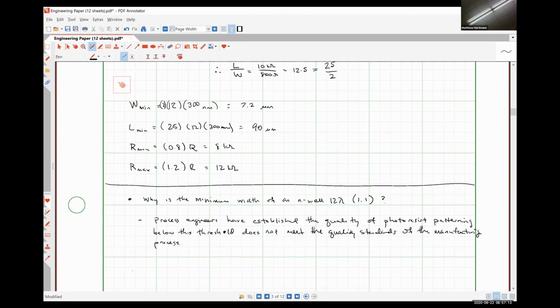Now let's look at rule, let me check real quick. 1.2.